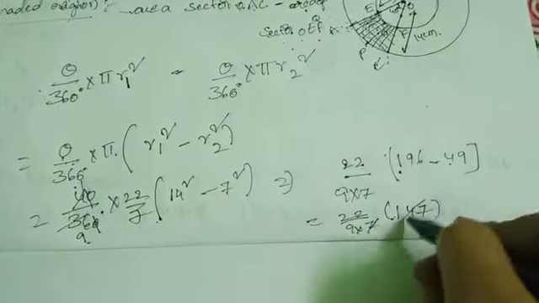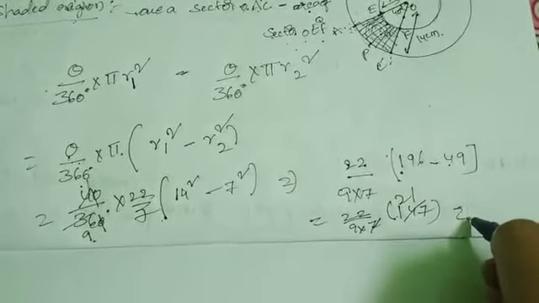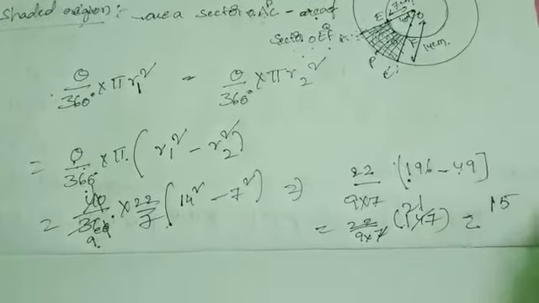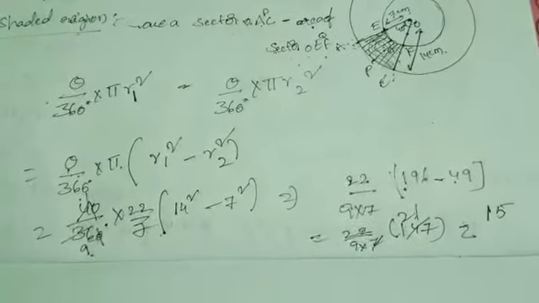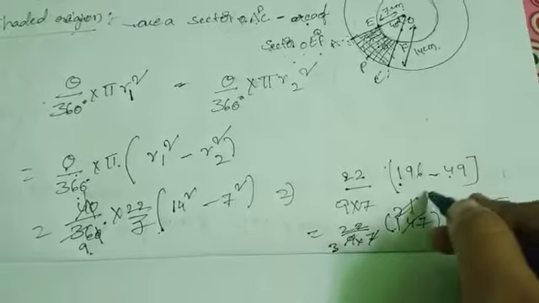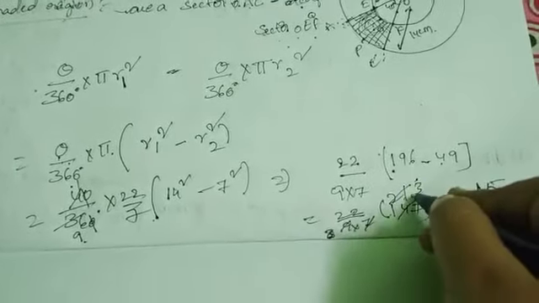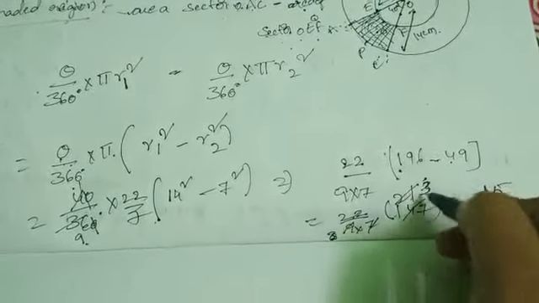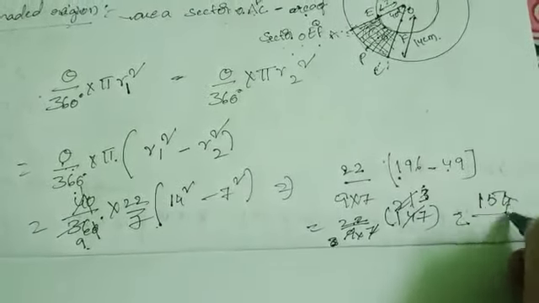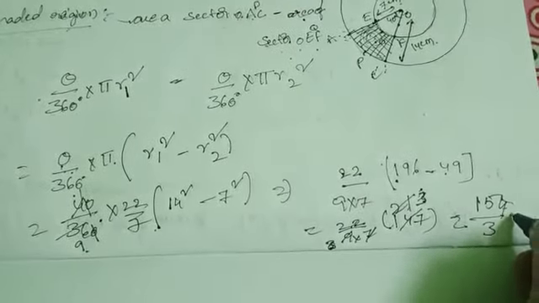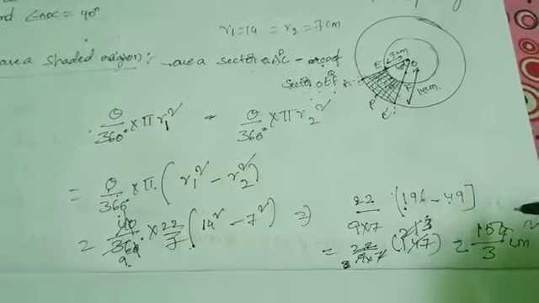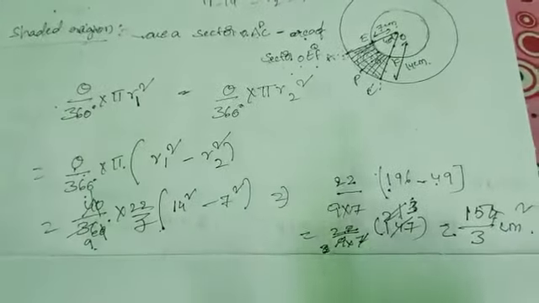Okay, 7 ones 7, 7 twos 14, 7 threes 21. 22 into 21, 3 threes 9, 7 threes 21. 22 into 3, 154 by 3 centimeter square. Okay, finally the area of the shaded region we get is 154 by 3 centimeter square.